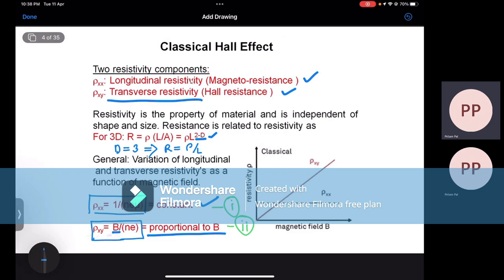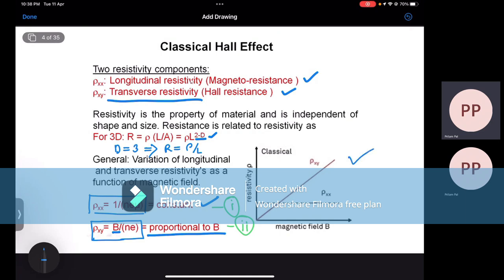Basically, the transverse resistivity or Hall resistance, which you can also say is the Hall resistivity, is proportional to B, so with increasing magnetic field, your Hall resistivity will also increase.